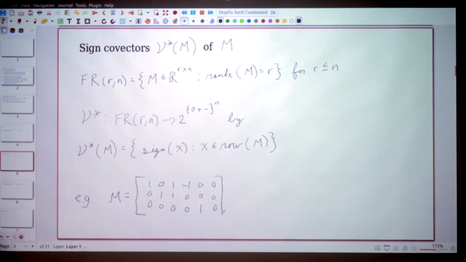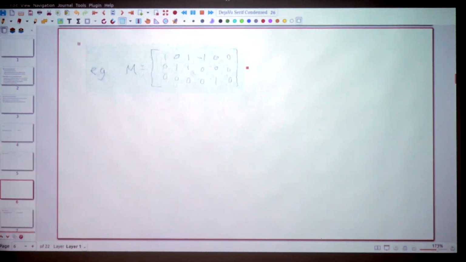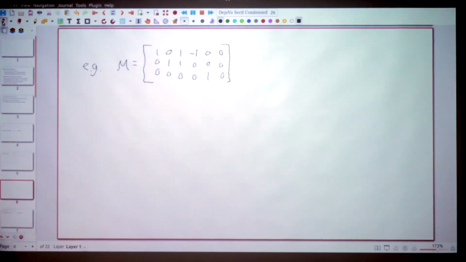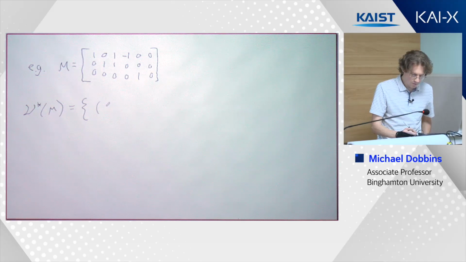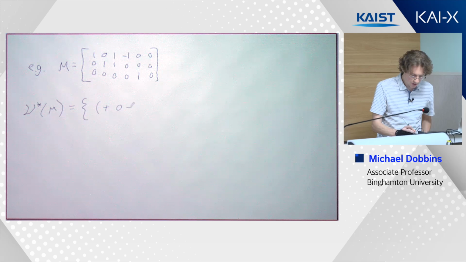Then I can look at what I could get from here. Well, I could, of course, take just the signs of anything in any row of the matrix, so I can get plus 0 plus, negative 0 0.